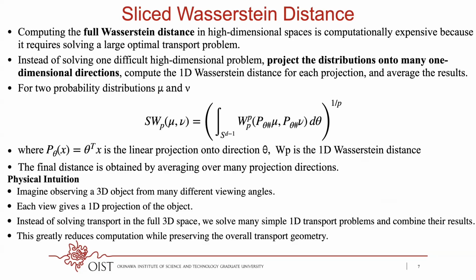So the smart idea is, instead of solving these difficult high dimensional problems, we do a linear projection of the distribution onto many one-dimensional distributions. Then we compute the one-dimensional Wasserstein distance for each projection and average the results. The formula for sliced Wasserstein distance is given here, where P_theta of x is the linear projection onto direction theta, and W_p is the Wasserstein distance.